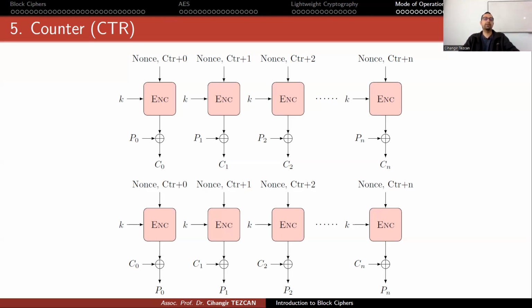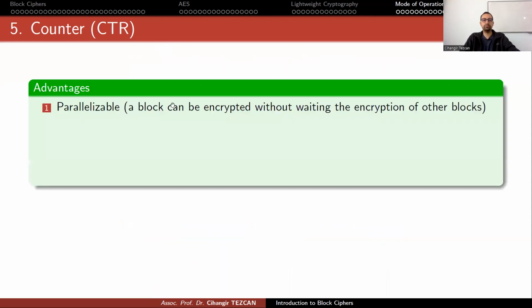But what iPhone or similar mobile phones do is that when you take a picture, since you are going to write that photo on the hard drive, you have to write it on a part of the hard disk, right? So that hard disk block number will be your nonce value or the counter. Since you cannot write two different files to the same place, you cannot use the same counter twice. So this is a nice solution.